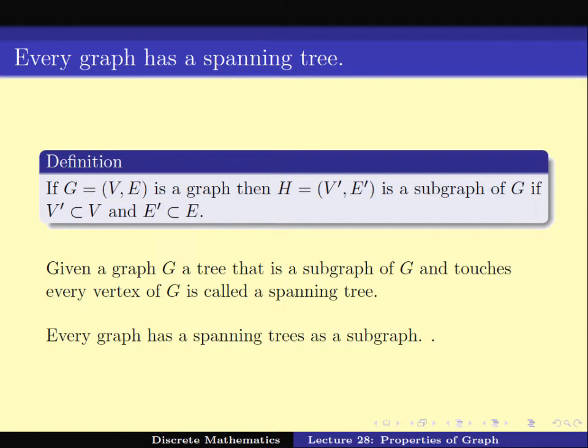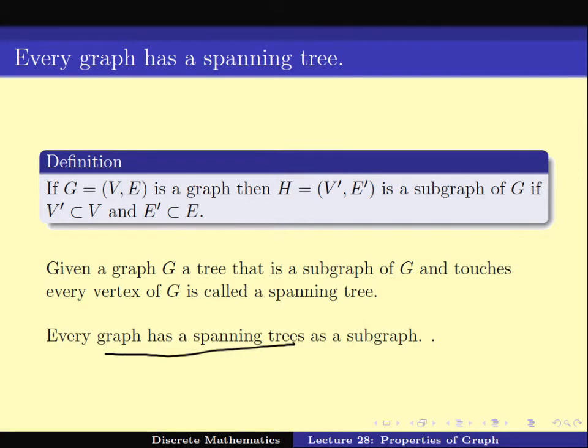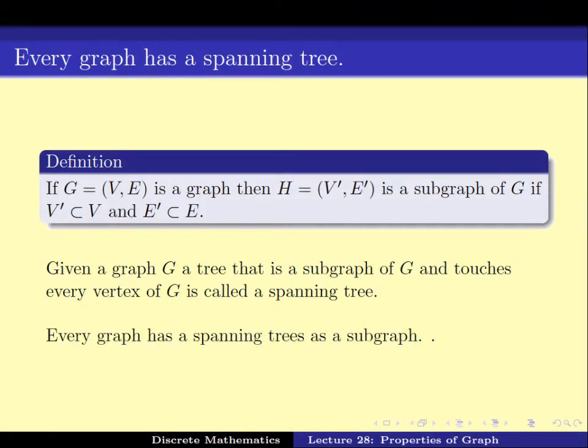Now this follows from the fact that, first of all, if the graph is already a tree, then the graph itself is a spanning tree. If the graph is not a tree and is connected, that means it is not minimally connected.